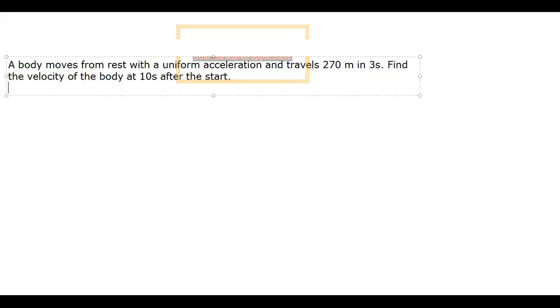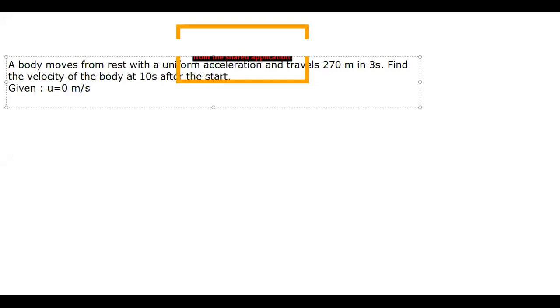So write down the given first. The body moves from rest, so what's the initial velocity? 0, because the body is starting from rest. With a uniform acceleration, so the acceleration is there, and it travels s, the distance, which is 270 meters in 3 seconds.